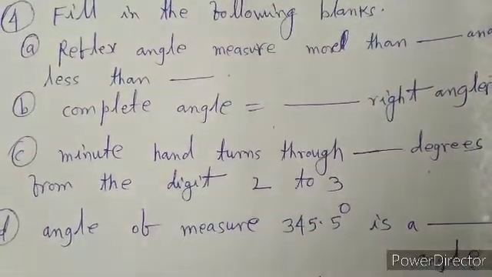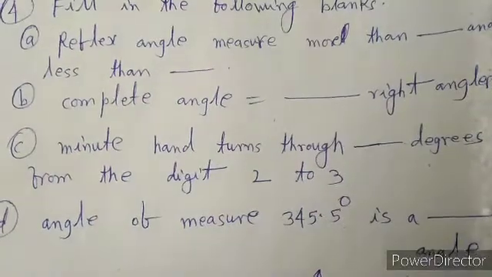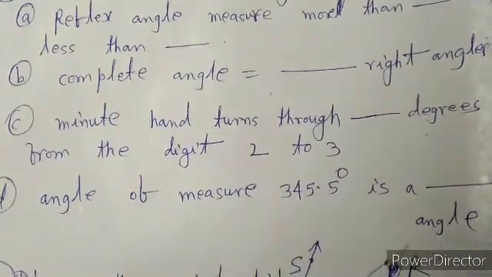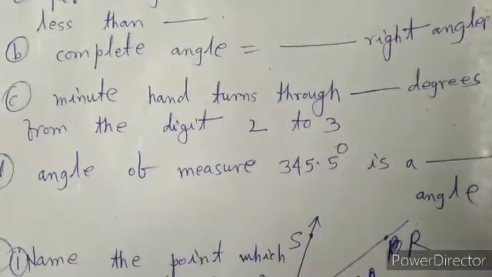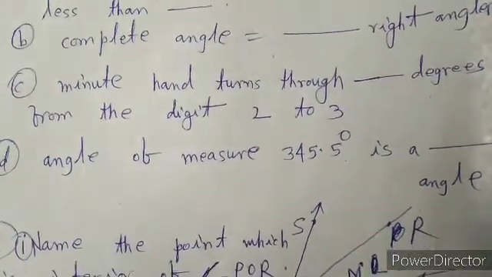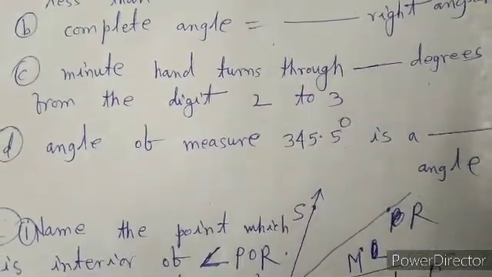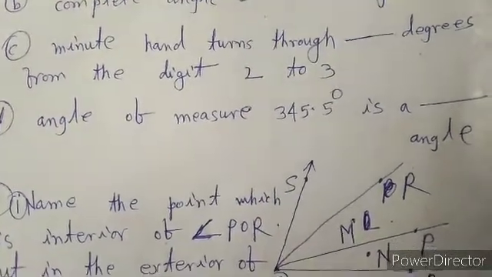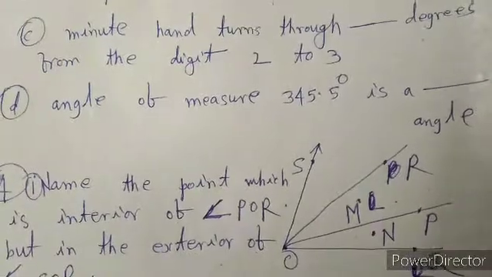B, a complete angle is equal to dash right angles. C, the minute hand turns through dash degrees from the number 2 to 3. D, an angle of measure 345.5 degree is a dash angle.